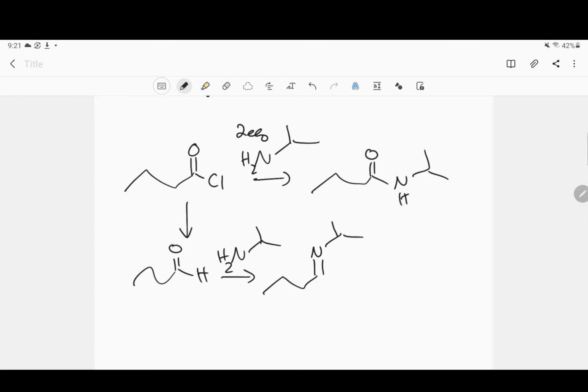Yeah, that's technically one more step than just reducing the amide. So that would be okay. Just one more step is fine. And then if you put the NaBH3CN, that would get rid of your imine to make the amine. Yeah, that would work.